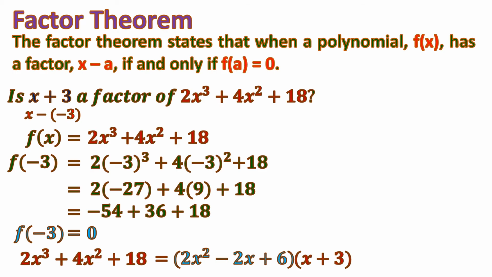So as you can see, x plus 3 is a factor of the polynomial. Actually, 2x squared minus 2x plus 6 is the quotient when you divide 2x cubed plus 4x squared plus 18 by x plus 3.